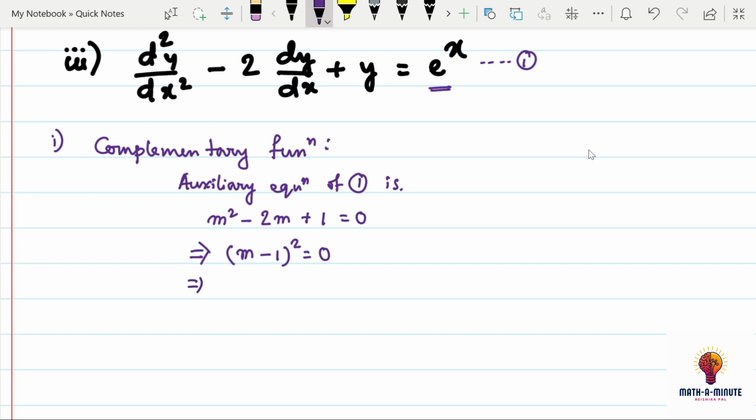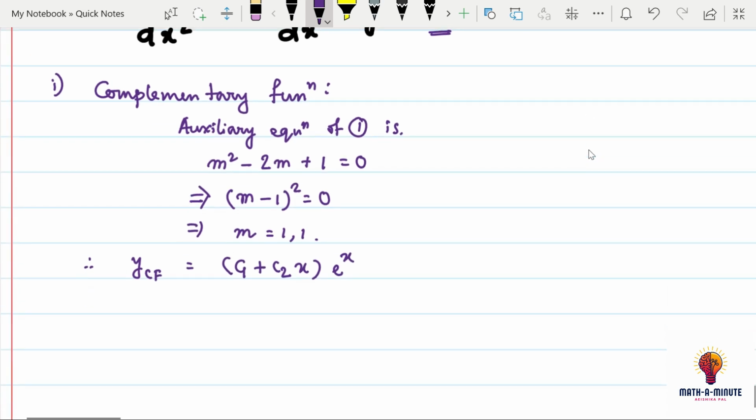So the value of m is 1 and 1. Therefore the complementary function y_CF will be (C1 plus C2 x) into e to the power 1x, so basically e to the power x.